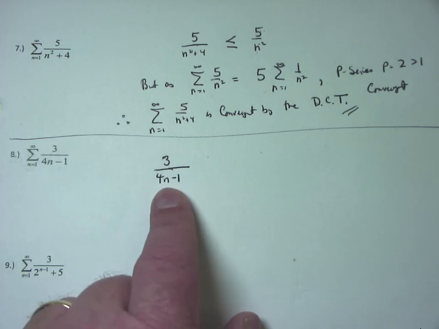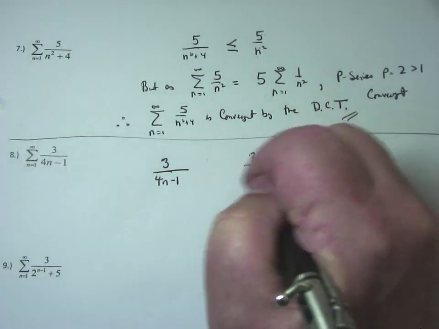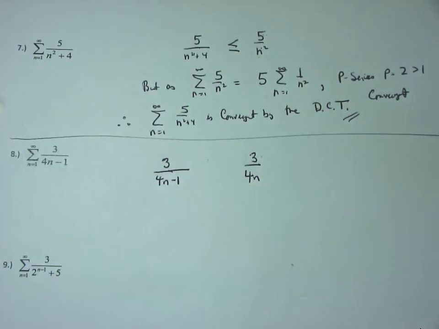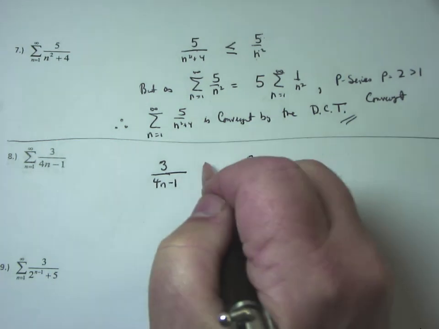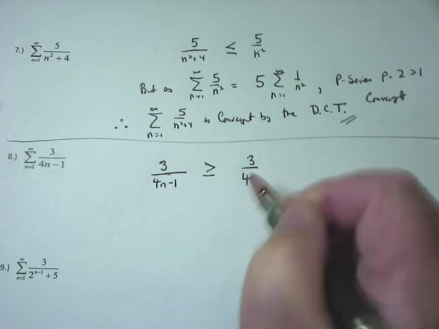But subtracting 1 from this guy, compare that to, if the 1 wasn't there, 3 over 4n. If you subtract 1 from the denominator, it makes the denominator smaller, but makes the overall fraction what? Bigger. So this 3 over 4n minus 1 would be greater than or equal to 3 over 4n.